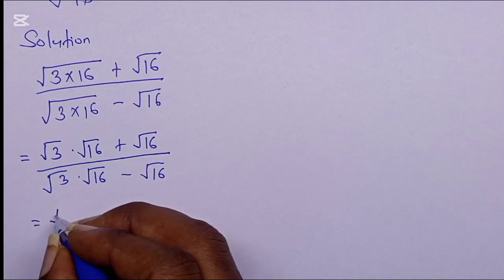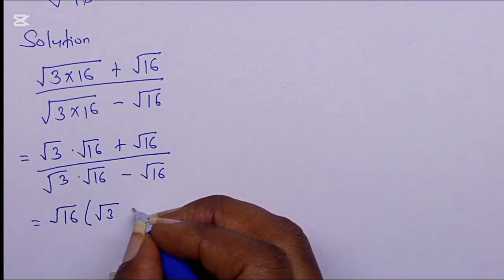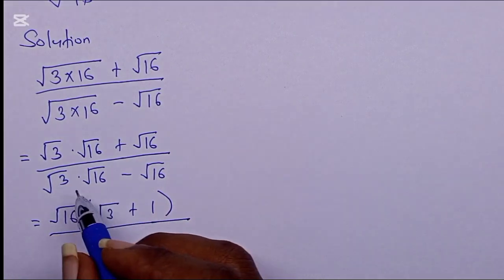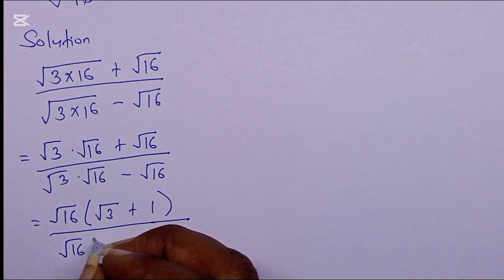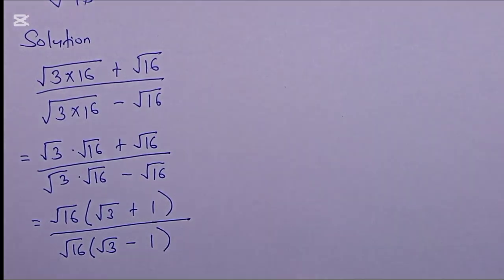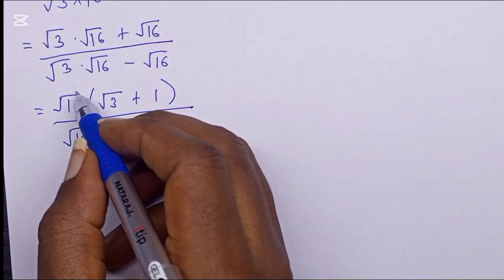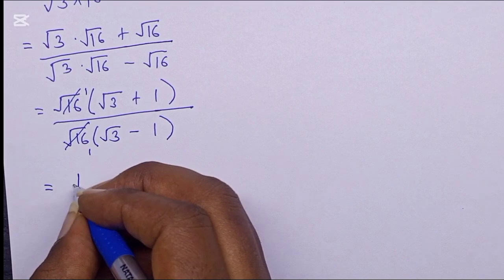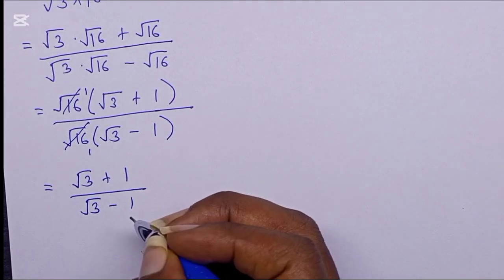We shall have root of 16 into root of 3 plus 1, divided by root of 16 into root of 3 minus 1. So root of 16 is divisible, and we remain with root of 3 plus 1 divided by root of 3 minus 1.